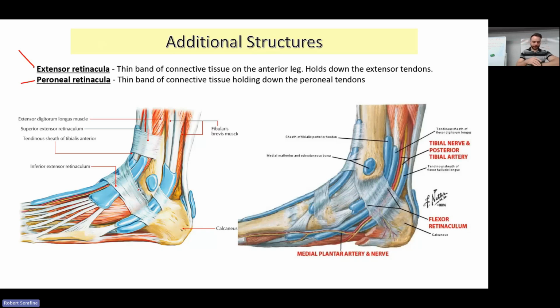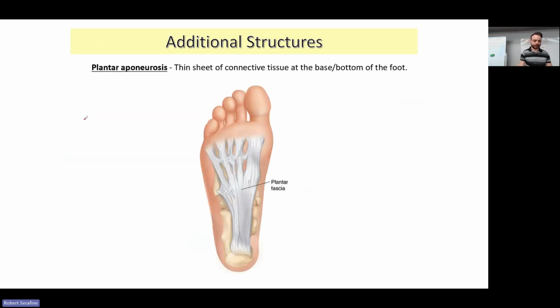All they do is it's just like my wristwatch, which wraps around my wrist and holds the tendons of these muscles down so they don't stick out. It'd be very creepy if the top of my foot just webbed out because the tendons were sticking up and pulling the skin. So the retinacula will hold the tendons down.